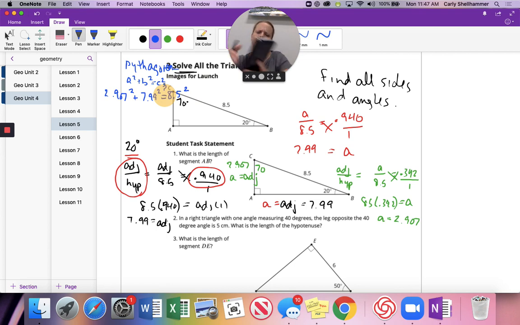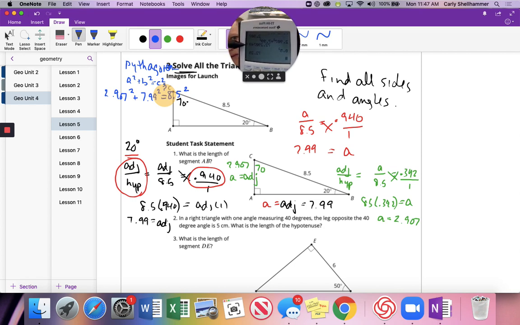All right, so picking up my handy dandy calculator, 2.907 squared plus 7.99 squared, and then I'm going to do 8.5 squared. So here you see this one. That's the sum. It's a squared plus b squared.